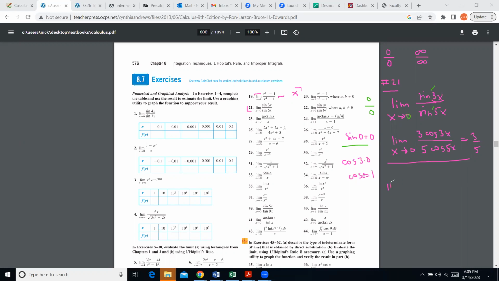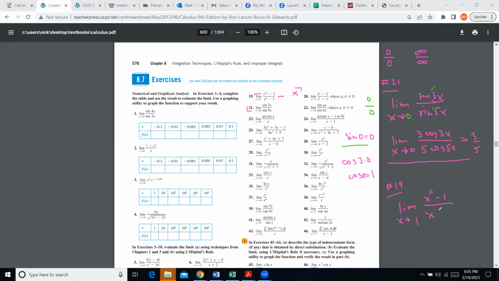So for a problem like number 19, you probably really want to use this property, because if you start to factor and cancel, this is going to take you a little bit longer than just taking derivatives of your numerator and denominator, right?